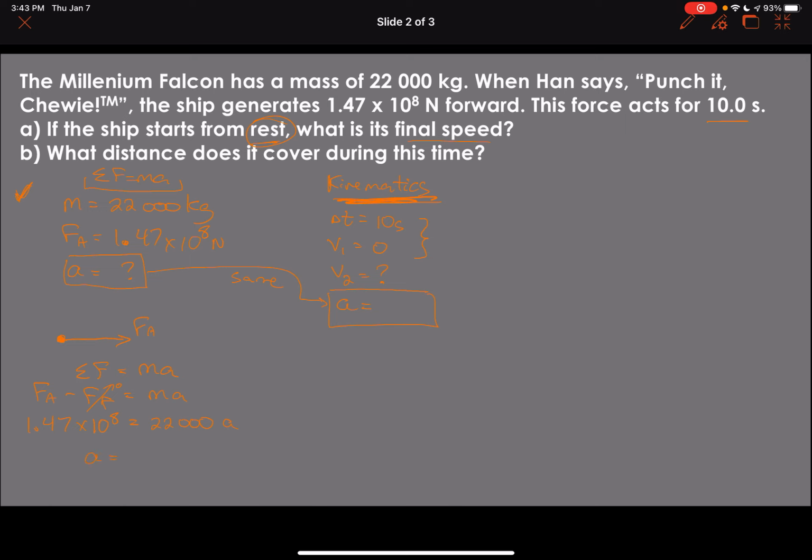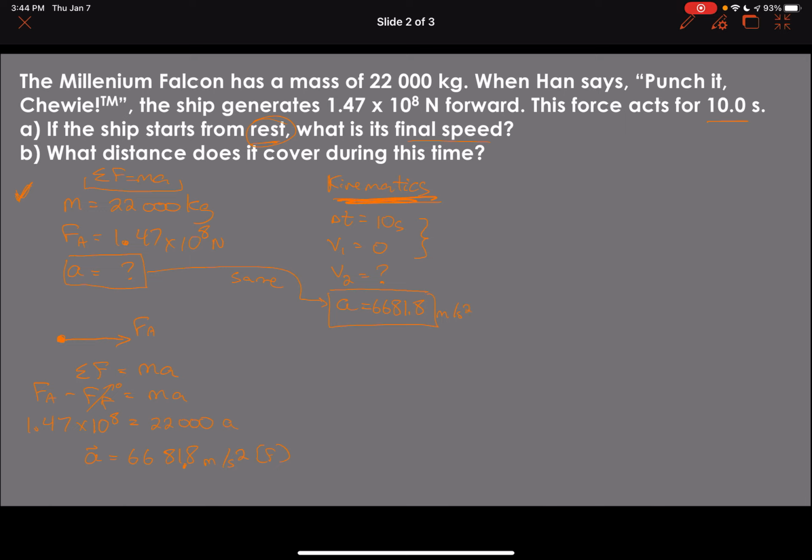Acceleration is 6681.8. Brother, I should have just done it on a calculator. Would have been quicker. You could say forwards here to make this into an acceleration. 6681.8 meters per second squared forwards.